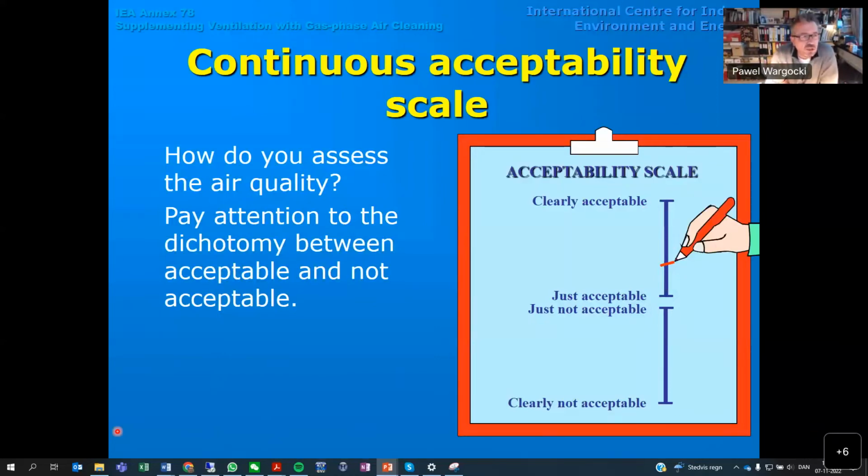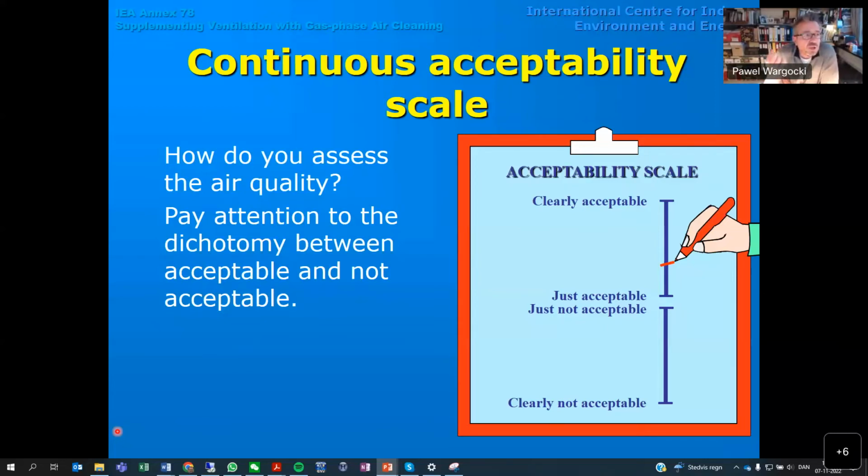It is not the context of being on holiday or in a pub or in a good restaurant. It's the context of the working or studying or learning experience, or any other context that is relevant to the assessment, but that's the most common. And then the continuous acceptability scale shown here is used.